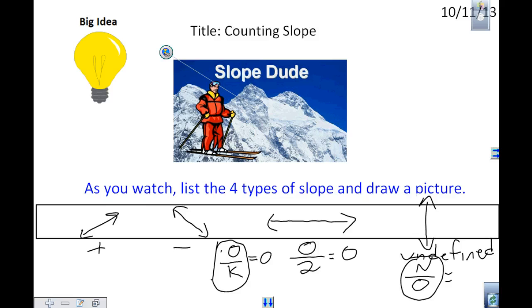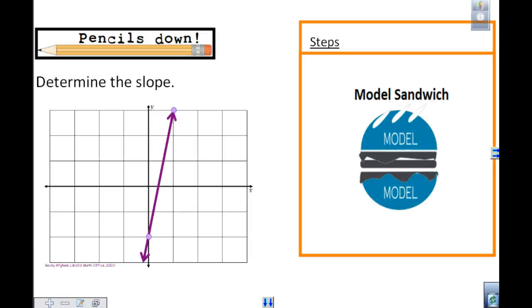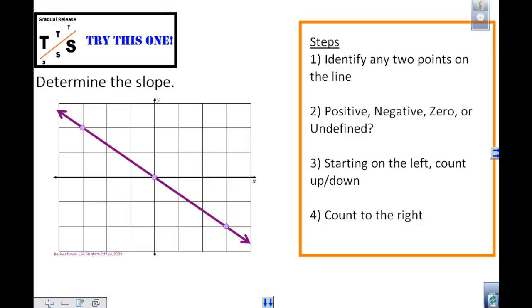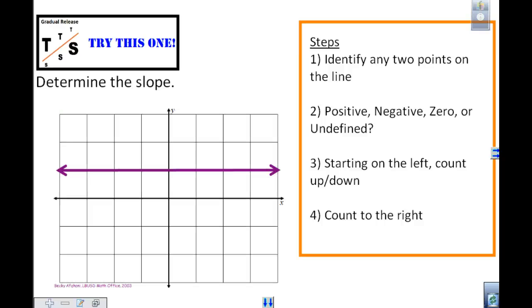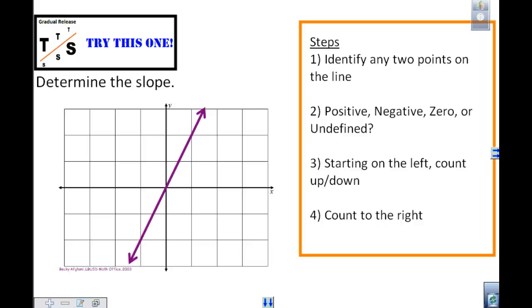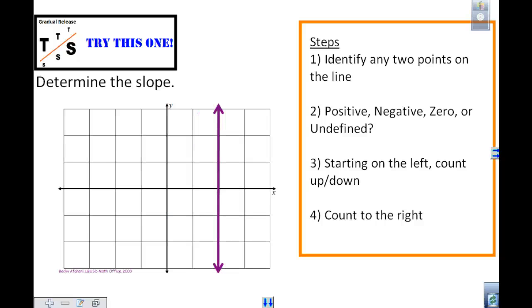So real fast here. Is that positive or negative? Positive. Negative. No, 0. Undefined.